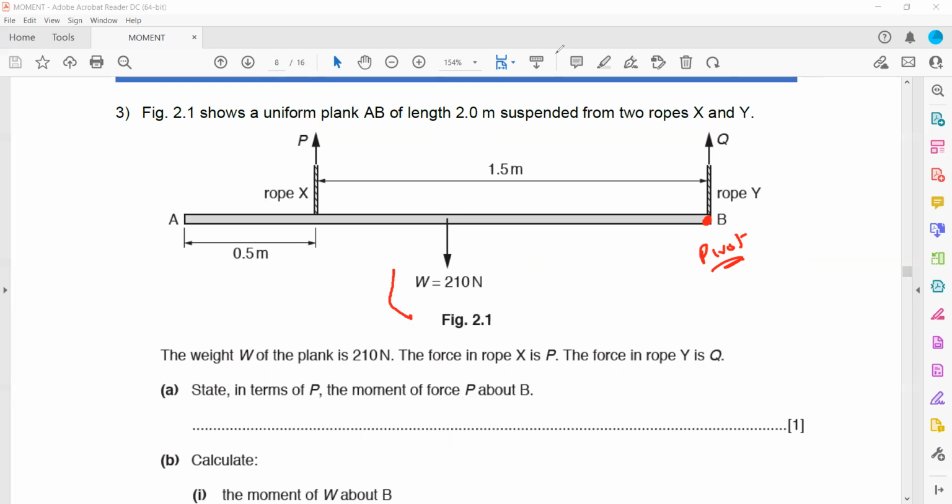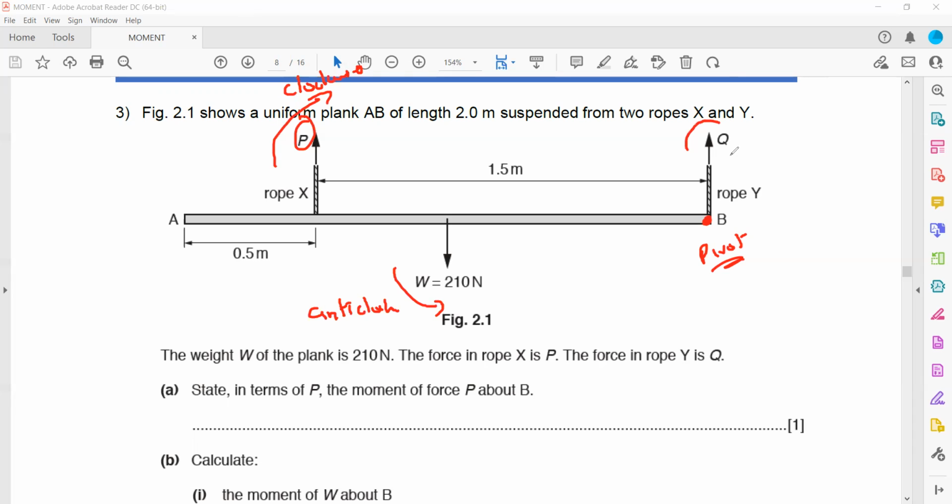The weight is causing an anti-clockwise rotation. And the force P is acting upward, which will cause a clockwise turning effect. If this object is in equilibrium, or balanced, it will not rotate.